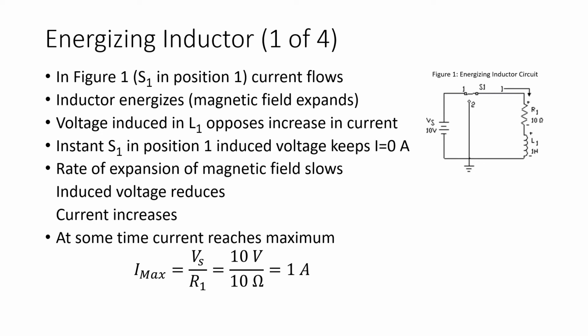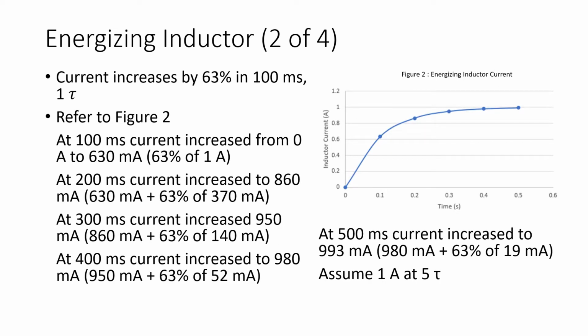The voltage across the inductor is positive to negative, as shown, and this polarity shows us that the induced voltage opposes the source voltage Vs. Again, the time constant is defined as the period through which current changes by 63%, and for the circuit of figure 1, the time constant is 100 milliseconds.